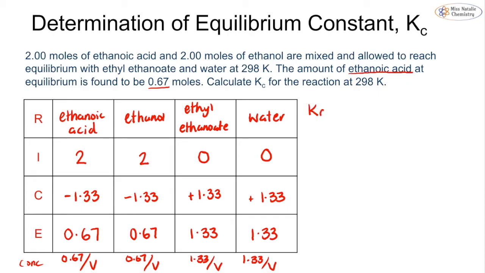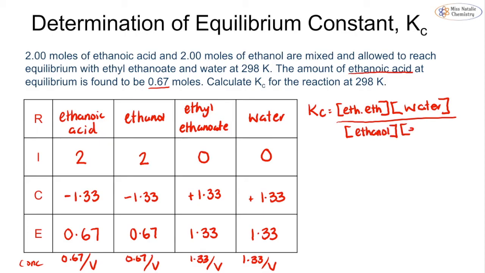So for my Kc expression, it is the concentration of the ethyl ethanoate, and I'm just going to shorten that for the sake of this question, times the concentration of the water, all over the concentration of the ethanol times the concentration of the ethanoic acid.